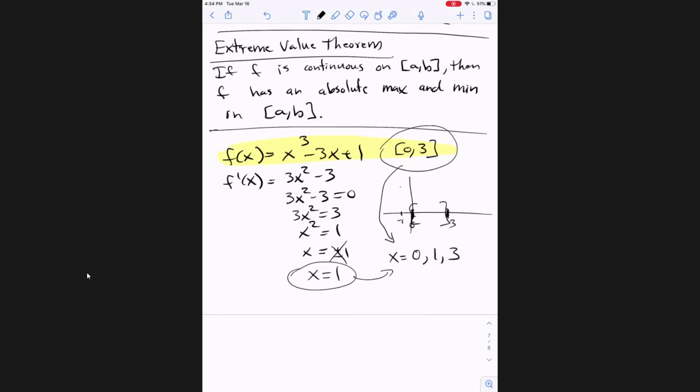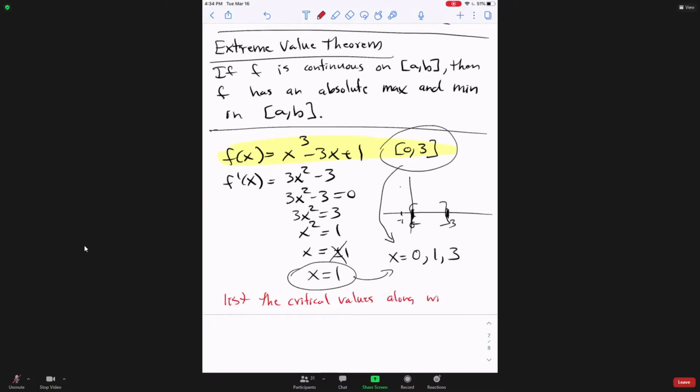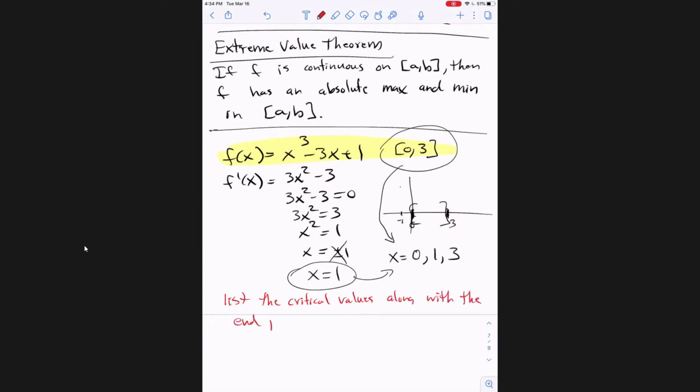Then I'm going to write this out. We list the critical values along with the endpoints. I should say the critical values that are in the interval. So in this case, it's x equals 0, 1, and 3.